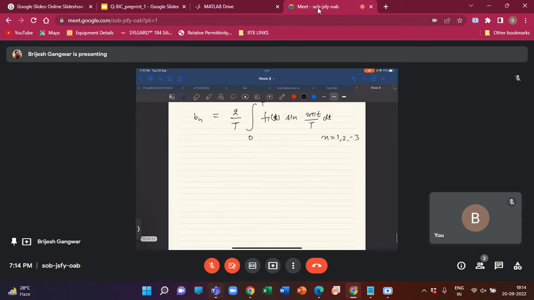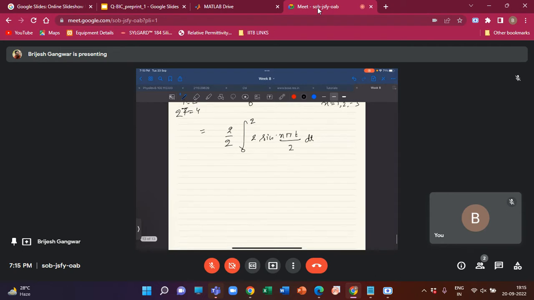Okay, so how we will solve? Our period is 2, so the total is 4, so T is equal to 2, 2T is equal to 4. So this will be 2 by 2, integral 0 to 2, 2 sine n pi t over 2 dt.